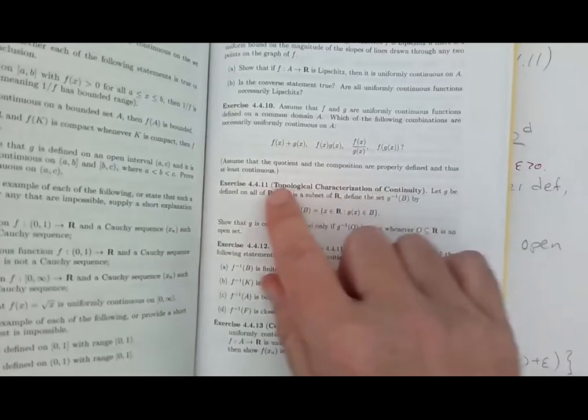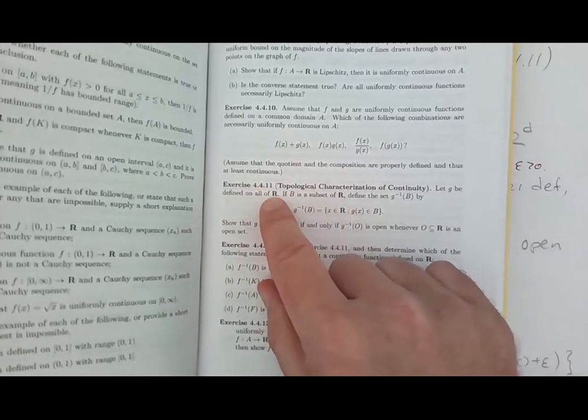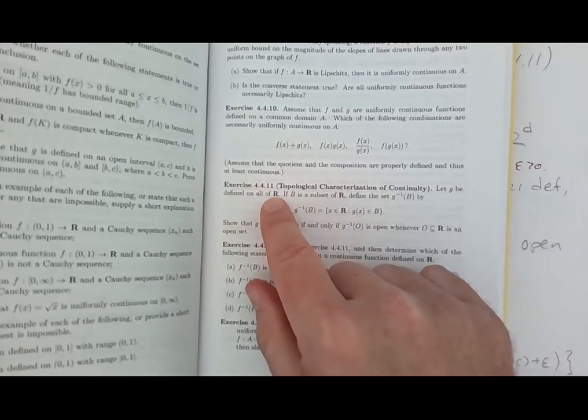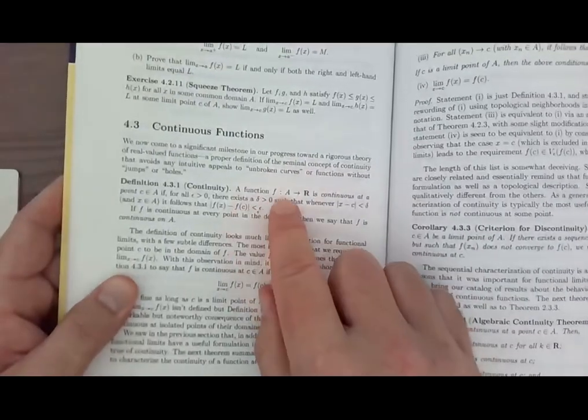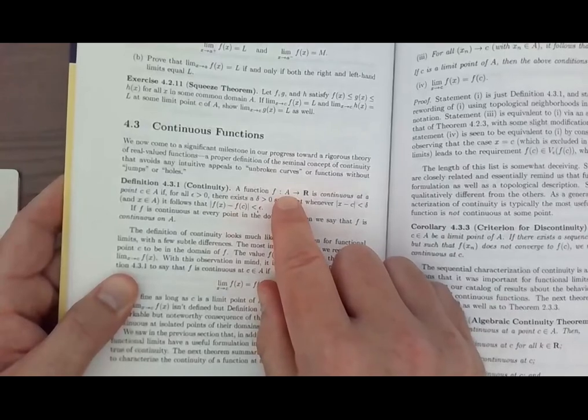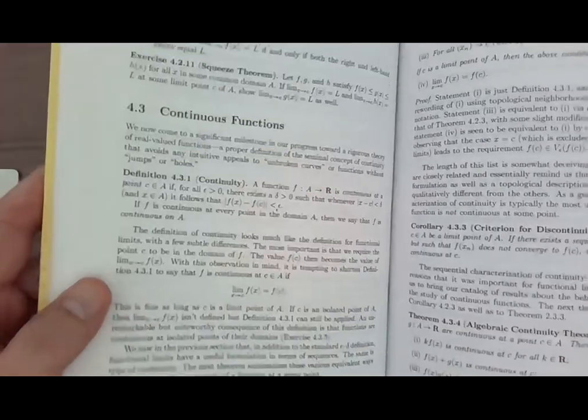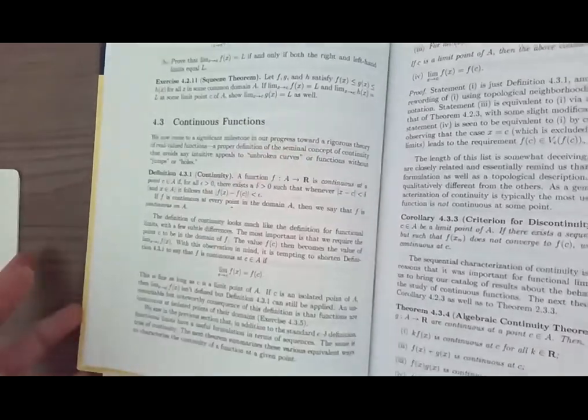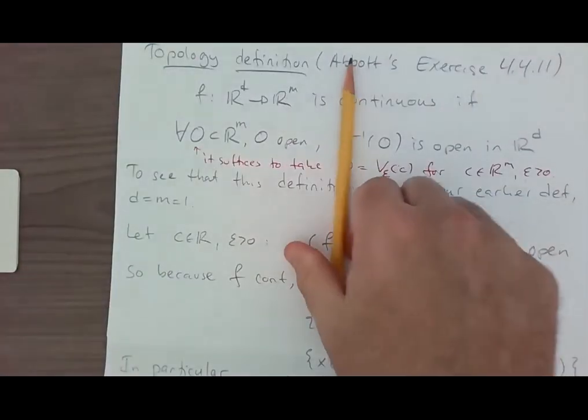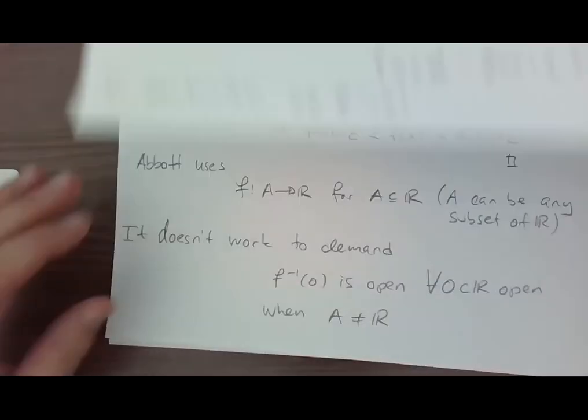So that's fine, but just look out for the domain here, right? This here is his domain in this exercise. Whereas when he defined continuity over here, he had a set A. So there seems to be a gap between the two. This one here is more general. And okay, so how does one rectify that?